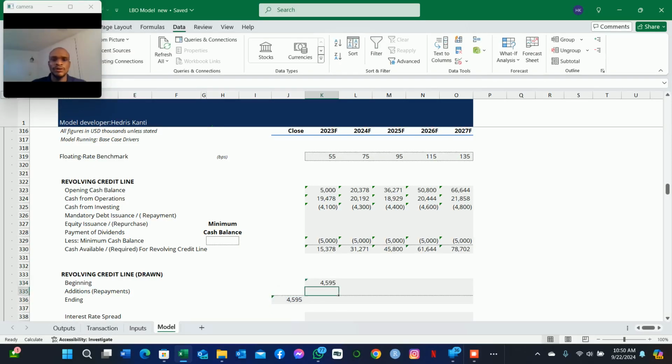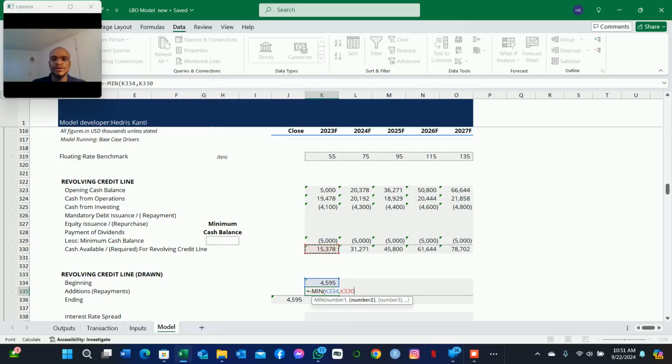So the opening balance is going to be equal to the prior period's closing balance. So it's a cross-sectional calculation. And then for the additions or repayments to be made, the repayments in this case, it's going to be equal to the minimum of whatever the opening balance will be, or the cash available to repay that tranche of debt.